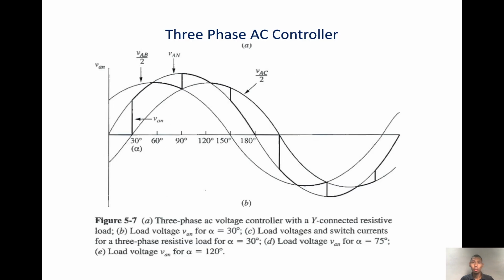Okay, now we're going to look at an example of when the firing angle is 30 degrees. How are you going to plot it? First of all, before you plot, you should know the sequence of the thyristors that are on.